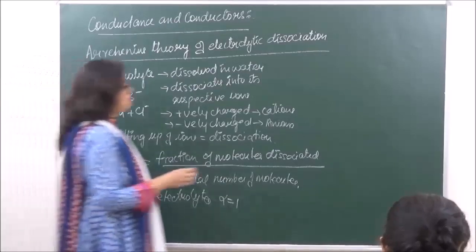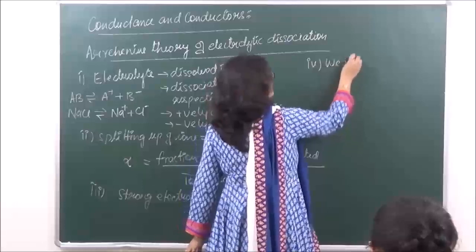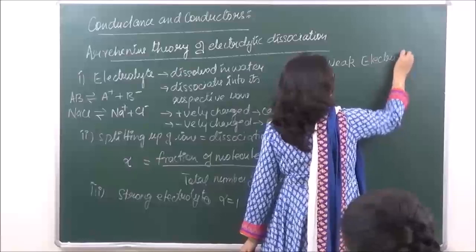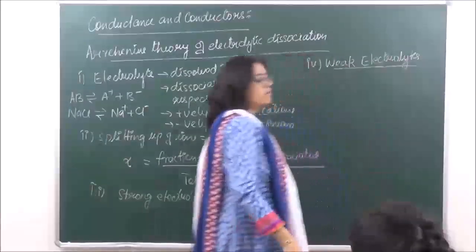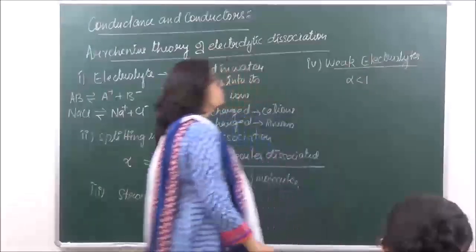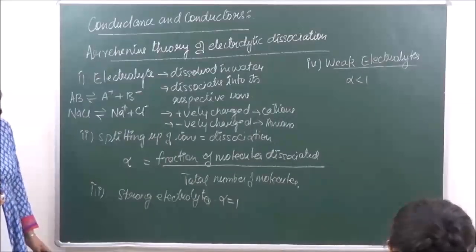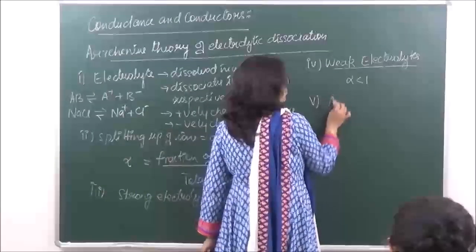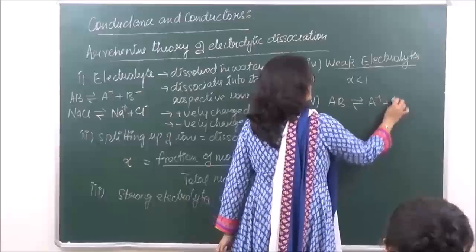Then number 4, the electrolytes which do not completely dissociate are known as weak electrolytes, and alpha, the degree of dissociation for such electrolytes, is always less than 1.